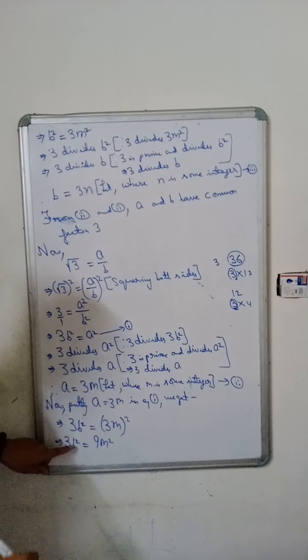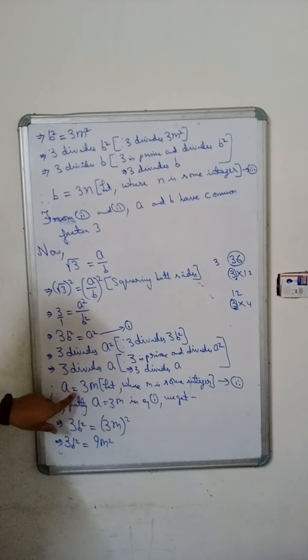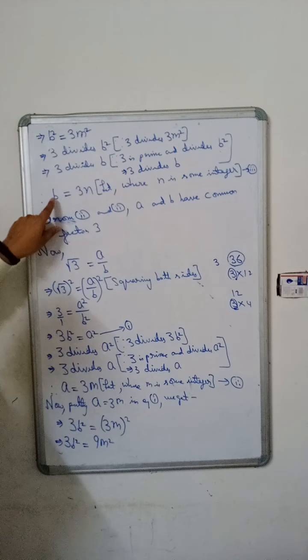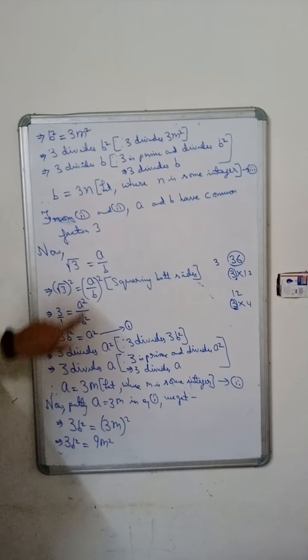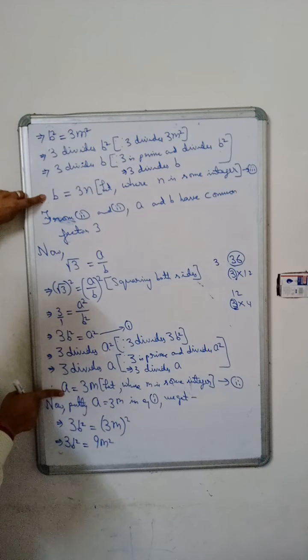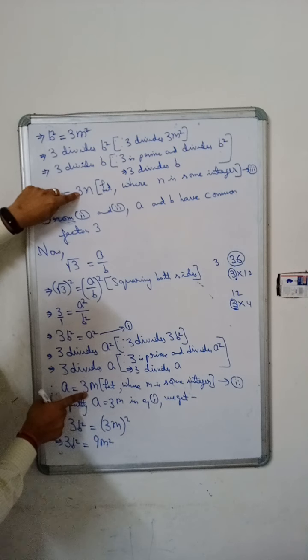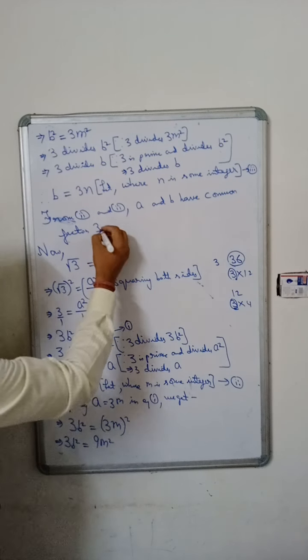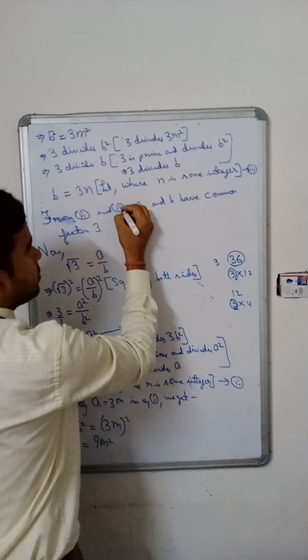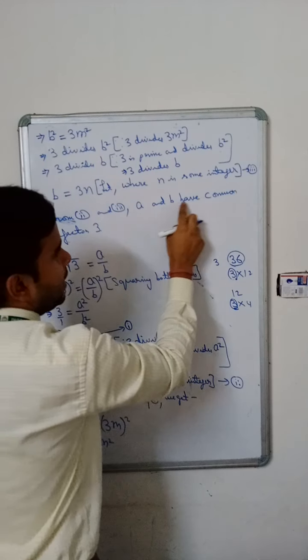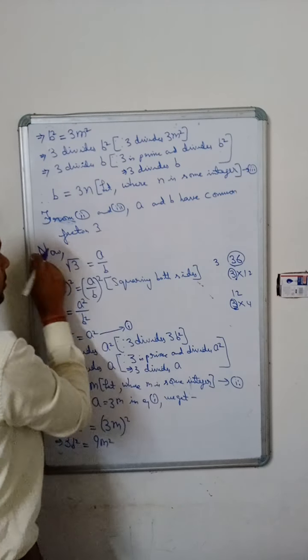How do I know? Because a is expressed in the form 3m, b is also expressed in the form 3n. It means that a and b both have a common factor, and that is 3. So from 2 and 3, a and b have common factor 3.